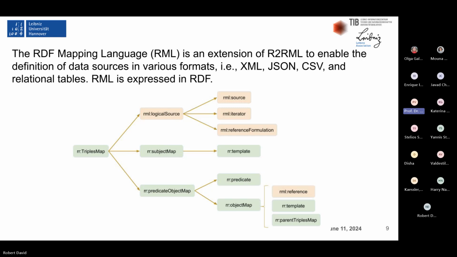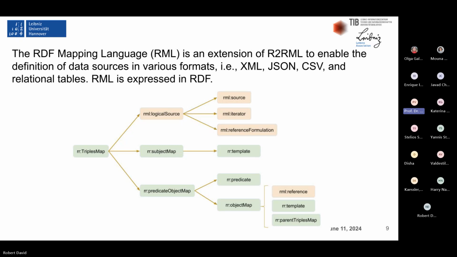That means that a new mapping language was defined that is able to receive different types of data sources and map them, using the subject map and the predicate object map, into instances of a knowledge graph by using what are called triple maps.